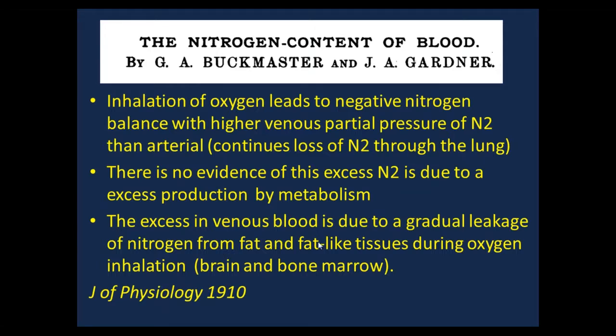The excess in the venous blood is due to gradual leakage of nitrogen from fat and fat-like tissues during oxygen inhalation, mainly tissues containing fat like brain and bone marrow. So these tissues will undergo breakdown and loss of nitrogen, and this nitrogen will be moved out through the venous compartment and the lung.